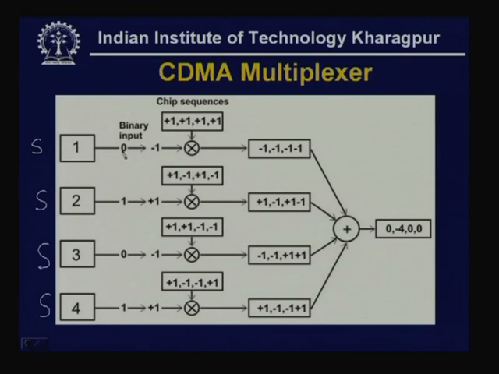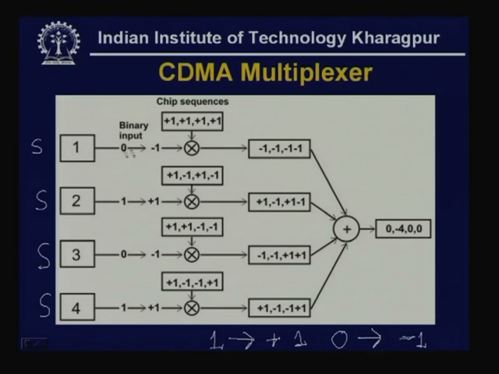Now, for pedagogical purposes, 0 is represented by -1. On the other hand, 1 is represented by +1. So, you can see here 0 is represented by -1 and 1 is represented by +1 for pedagogical purposes.